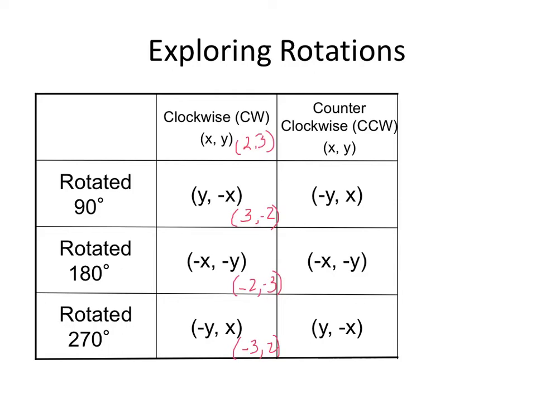Also, whether you rotate clockwise or counterclockwise, rotating 90 degrees clockwise is the same as rotating 270 degrees counterclockwise. And so we have images that can potentially lie on top of each other depending on how many times they're rotated. That's an important concept for when you get to trigonometry.